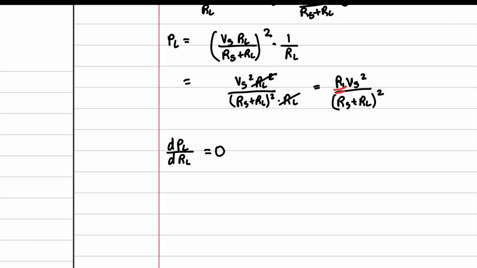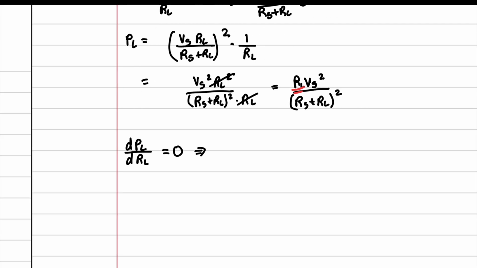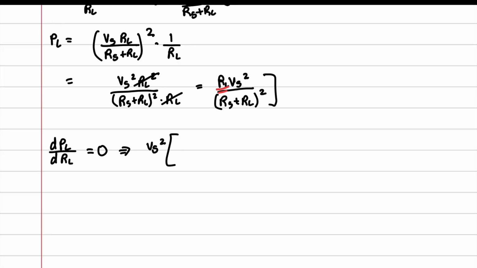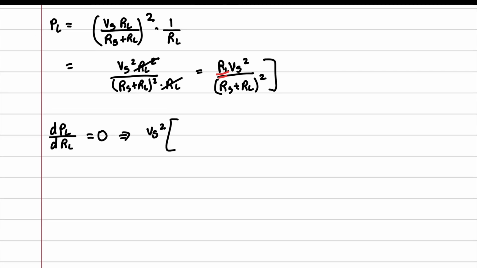Okay? Taking the derivative, we're going to factor out the VS squared to make it easier, and we are going to employ just a simple quotient division rule. Okay, derivative division rule. So I have the mnemonic ho d high minus high d ho over ho ho.